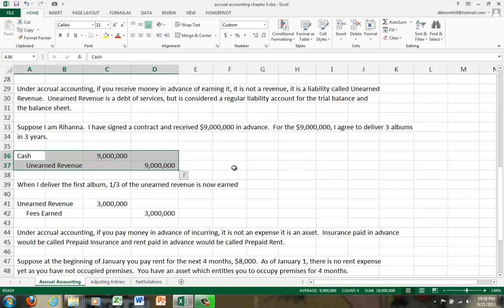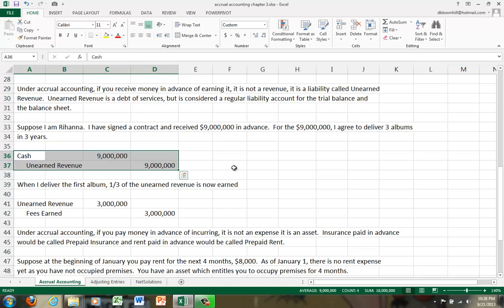I couldn't show any music revenue at all from the $9 million that I received because I hadn't done anything to earn it. If I don't deliver the 3 albums, I would have to give the $9 million back. And yes, once I receive the $9 million, I owe the record company something.